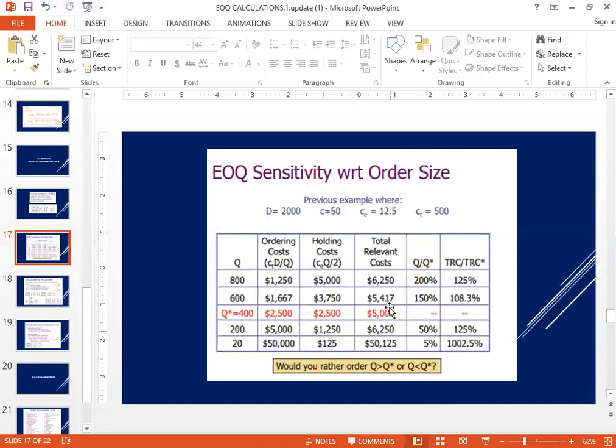You will find that EOQ is your lowest point in terms of total relevant cost. That's the amount that you want to order. But if you want to find out how much of a difference there is in total relevant cost compared to these other values, you can figure that out over here.